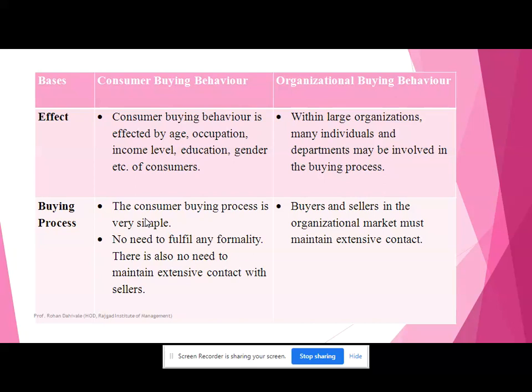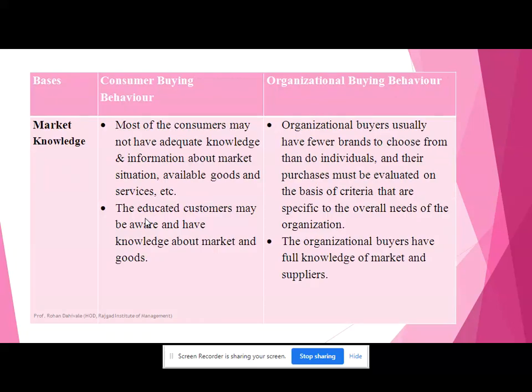Now we will move towards the next base, which is called market knowledge. In consumer buying behavior, most of the consumers may not have adequate knowledge and information about market situation, availability of goods and services, who is number one, who is market leader, who is a new entity, etc. There are n number of factors, but generally, typical customers are not interested in that.